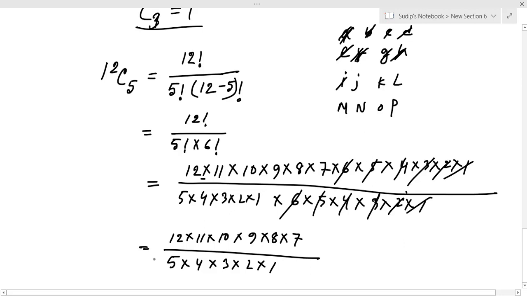So you can take a 6 here. If you take 6 here, you do not have to cancel the 6.